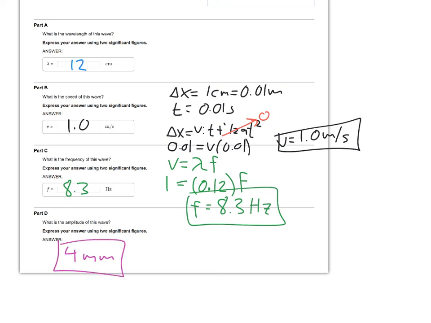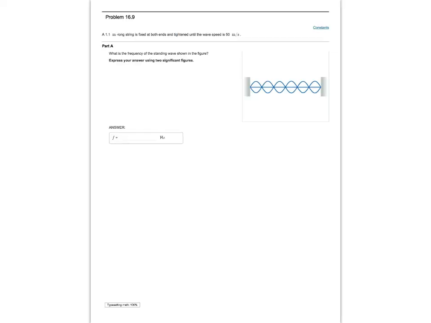For this one, we have a standing wave on a string that's 1.1 meters long, so that's my distance between the two ends, and I know my wave speed. I want to find my frequency. So I'm going to think about how many wavelengths I have in that 1.1 meter space.